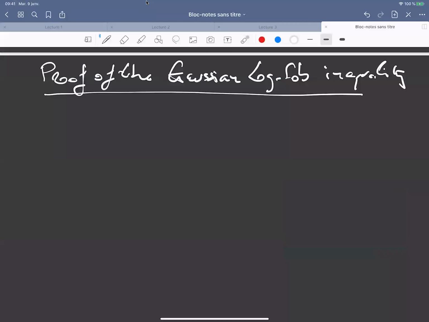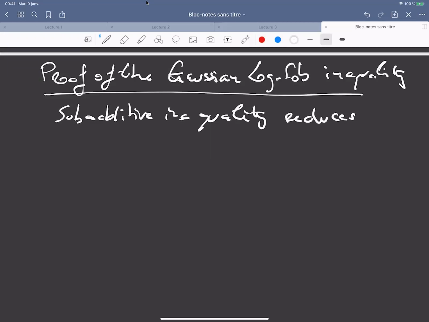We use a first time the subadditive inequality, which reduces the proof to dimension 1, just because of the additive structure of the norm square of the gradient.